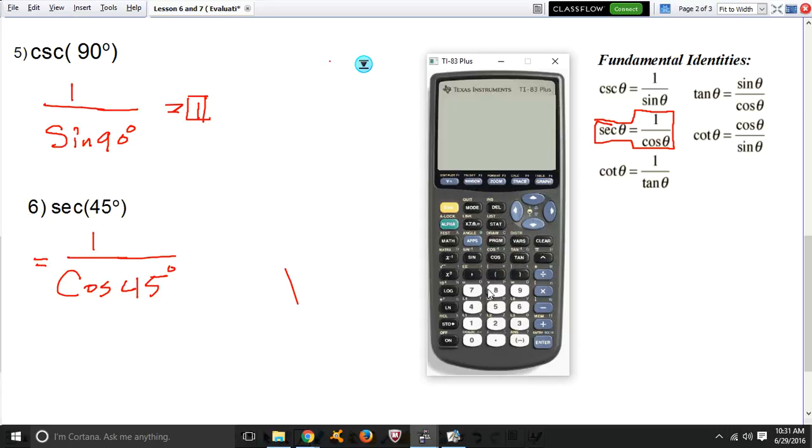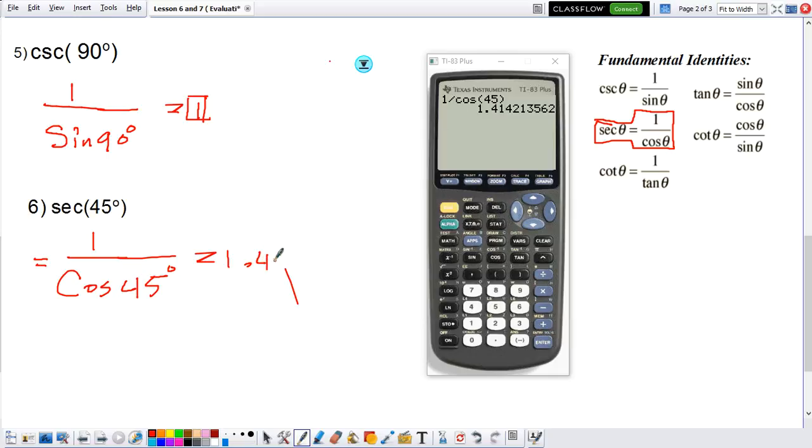Let's do that: 1 divided by cosine of 45. That gets me 1.414. Excellent.